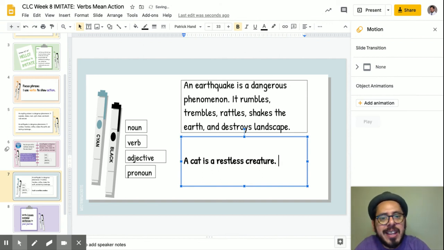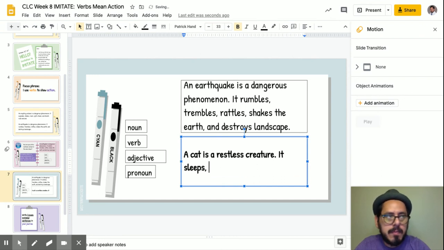And now I just have to think about a lot of verbs. What do cats do? What are the actions that cats do? All right. My cat sleeps. That's what he's doing right now. Meows for sure. Eats a lot. It sleeps. It scratches.